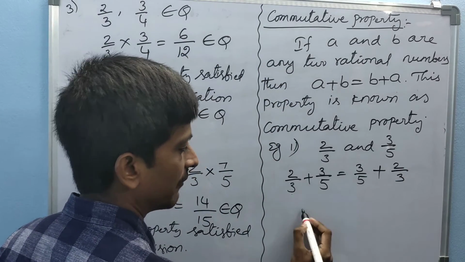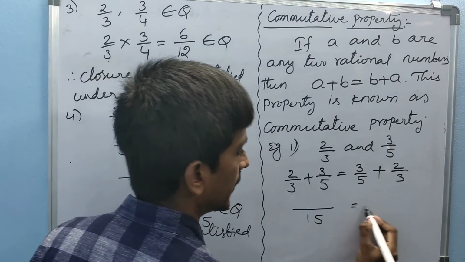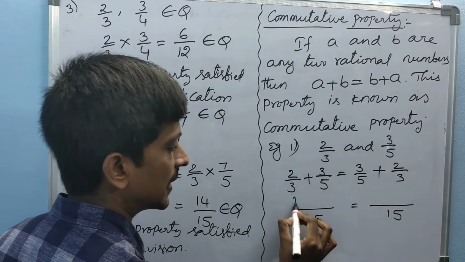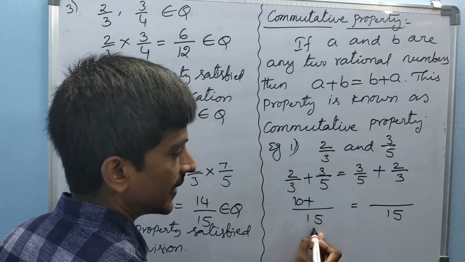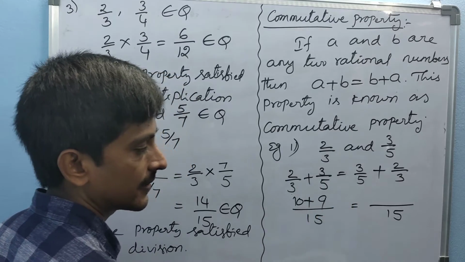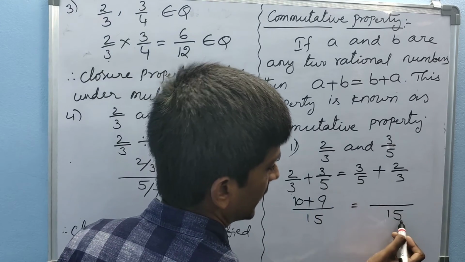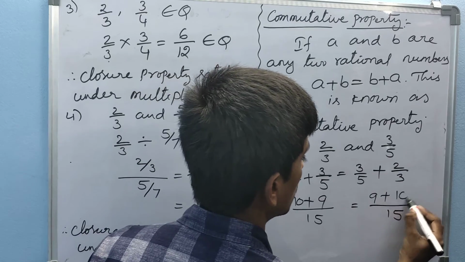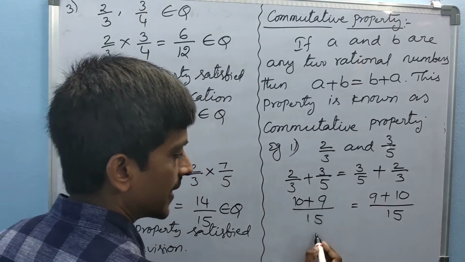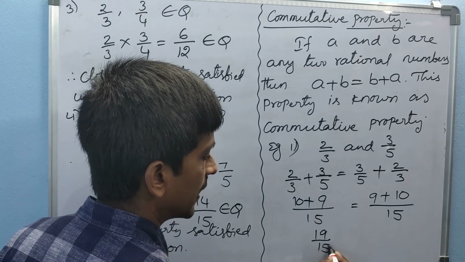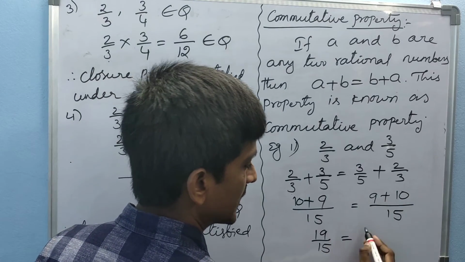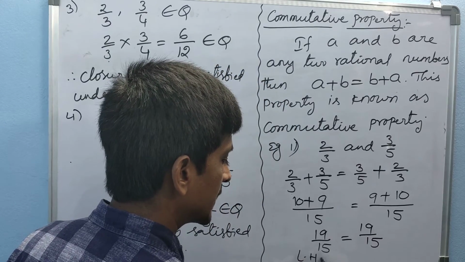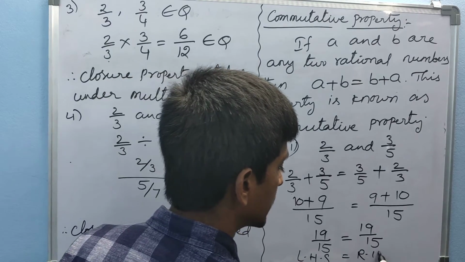The LCM of 3 and 5 is 15. Here it is also 15. 3 times 5 times... 5 twos are 10 plus 3 threes are 9. Here also, 3 threes are 9, 5 twos are 10, so 10 plus 9 is 19/15, and 9 plus 10 is 19/15. So LHS equals RHS.